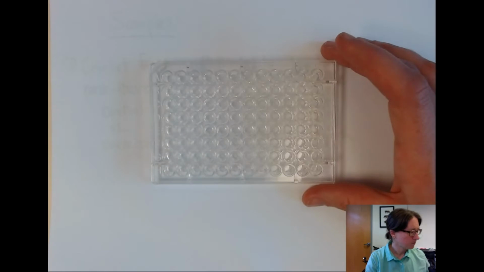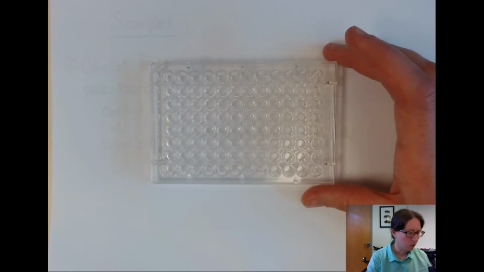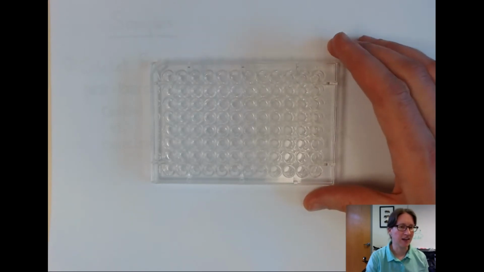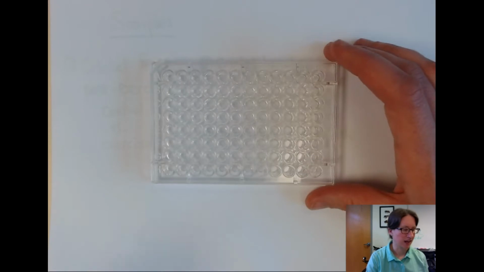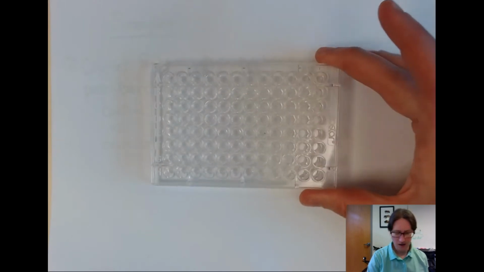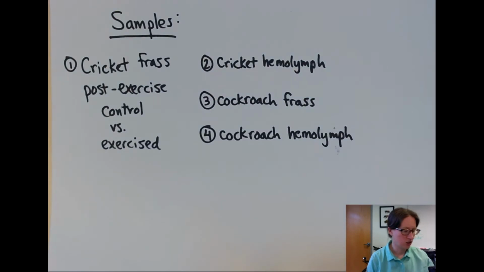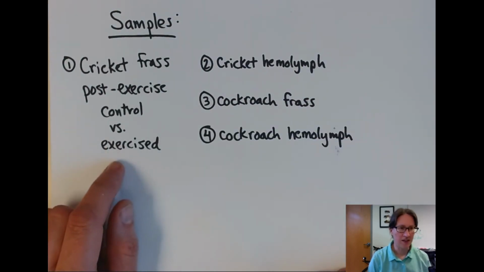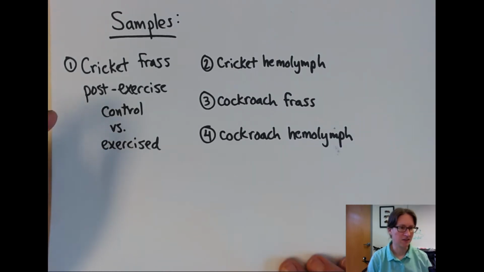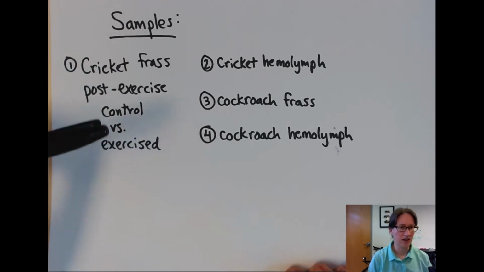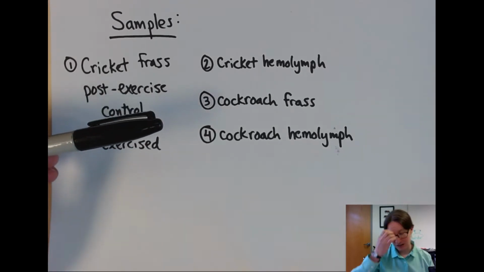So because the enzymes are relatively expensive to obtain, we're going to collaborate as a class to quantify uric acid from the crickets from our exercise project. We're going to do one additional thing on top of that. So in addition to comparing the uric acid concentrations in frass from crickets that either exercised or didn't exercise, we're also going to examine uric acid contents in a couple of other places.